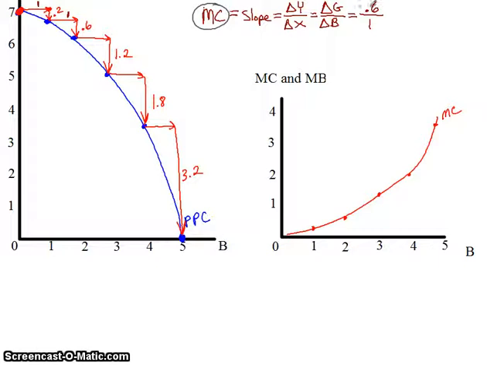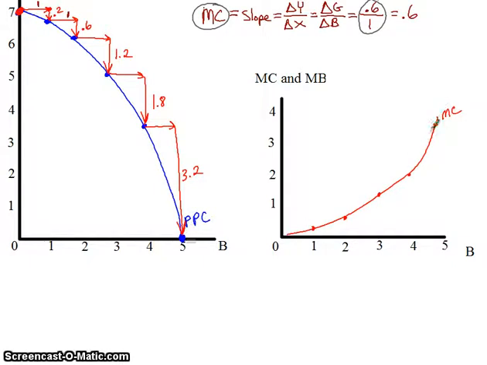The marginal cost is the slope, because this is just 0.6. So the slope of the production possibilities curve is essentially the marginal cost curve, which we then graphed over here. So really what we're graphing here is the slope of this.